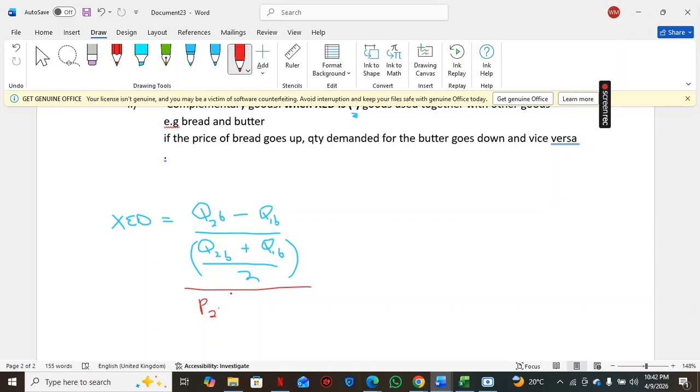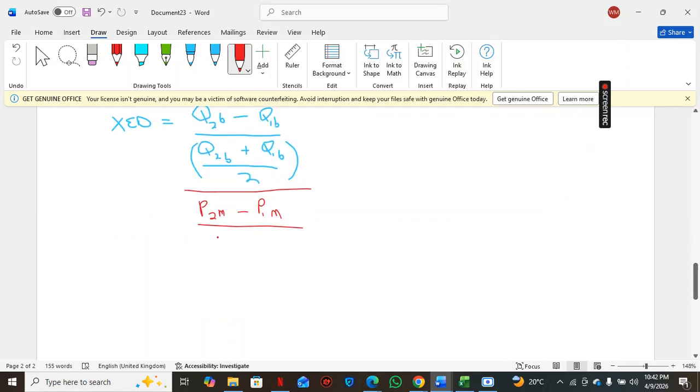Then P2, the new price of meat, minus P1, the old price of meat, over P2, the new price of meat, plus P1, the old price of meat, over 2. This is the arc elasticity approach.